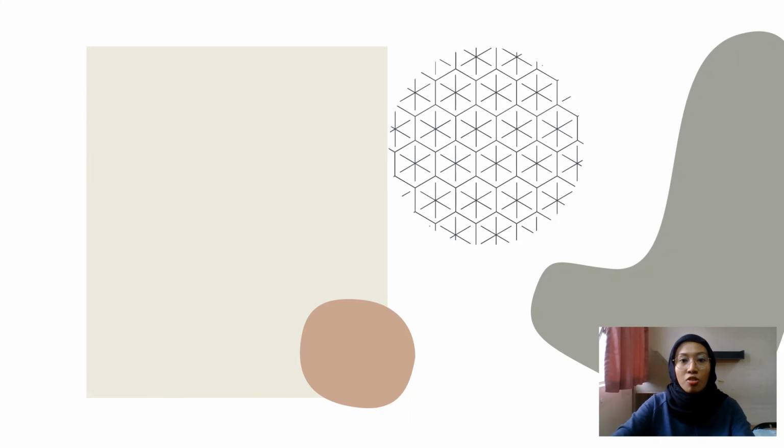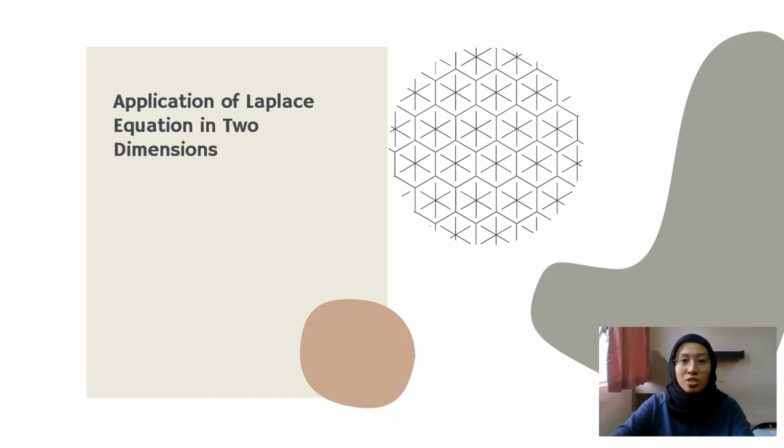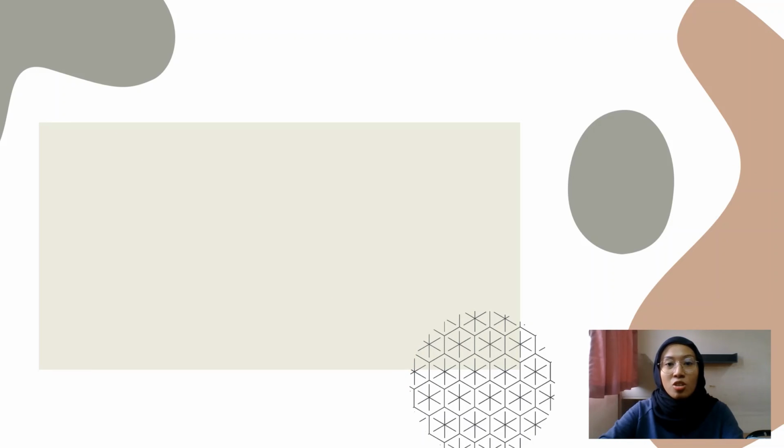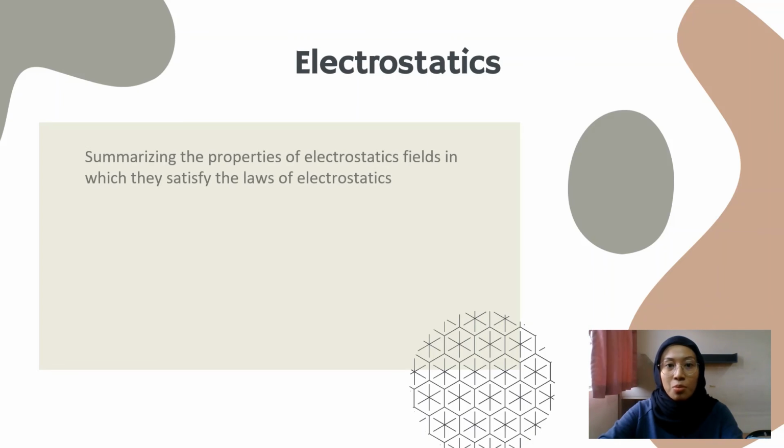The application of Laplace equation in two dimensions. Laplace equation in two dependent variables in rectangular coordinates has the form shown in the equation below. The application of Laplace equation in electrostatics can be explained by summarizing the properties of electrostatic fields, in which they satisfy the laws of electrostatics as shown.